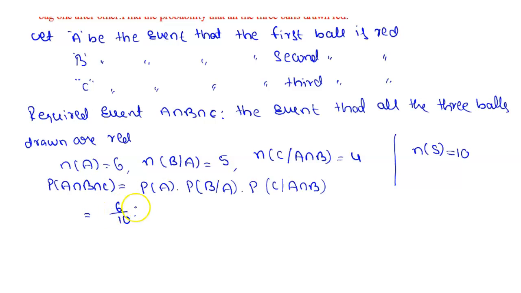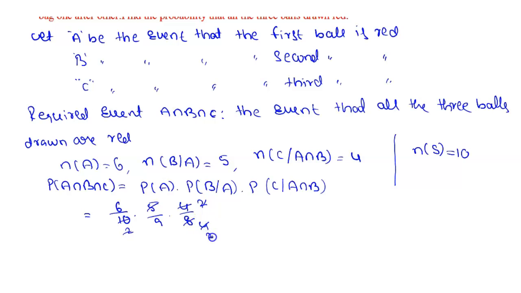Right? So out of 6, 1 ball is taken out, 5 by 9. After that, 1 ball is taken again, 4 by 8. So here 5 ones are, 5 twos are out, 2 ones are, 2 twos are out. Next 2 ones are, 2 fours are out.